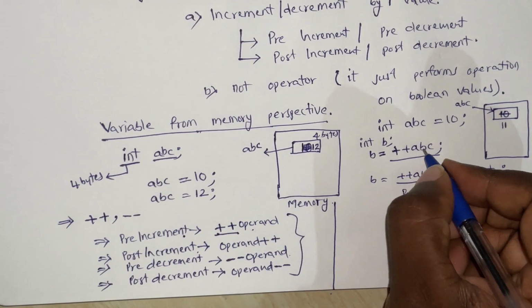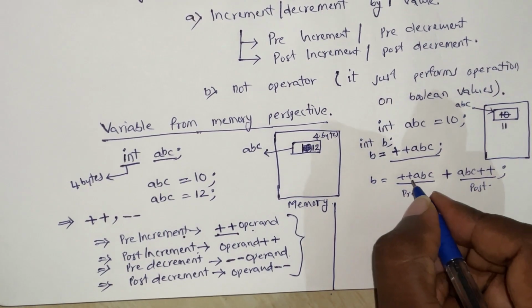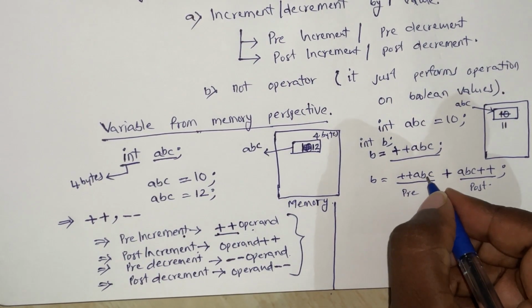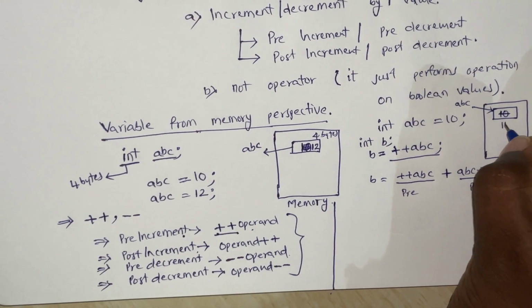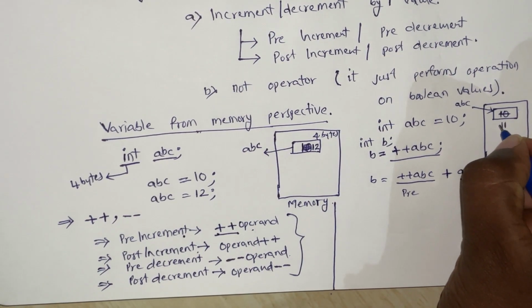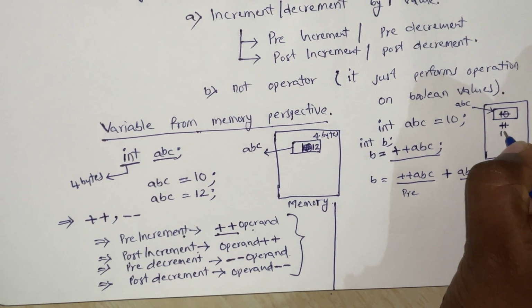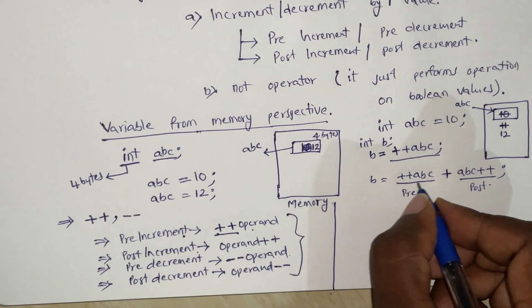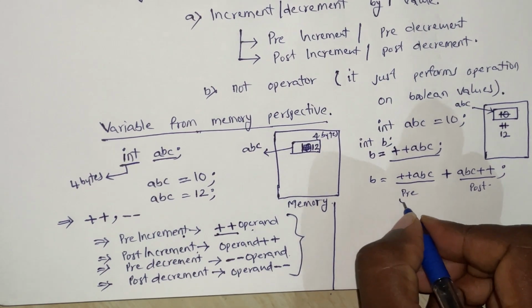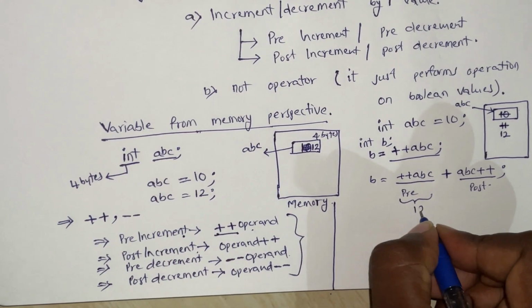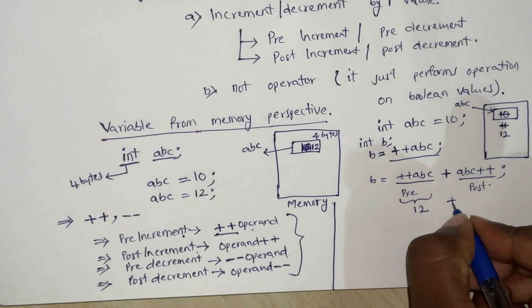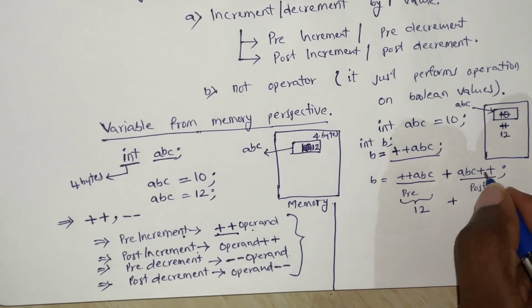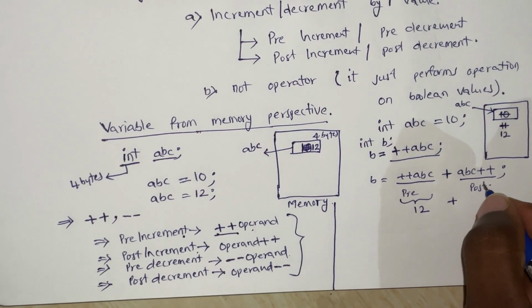Since abc contains 11, first it increments the value of abc. That means it removes this 11 and replaces it with 12 by increasing 1. So in total we get 12 from plus plus abc. Then abc plus plus is a post-increment.